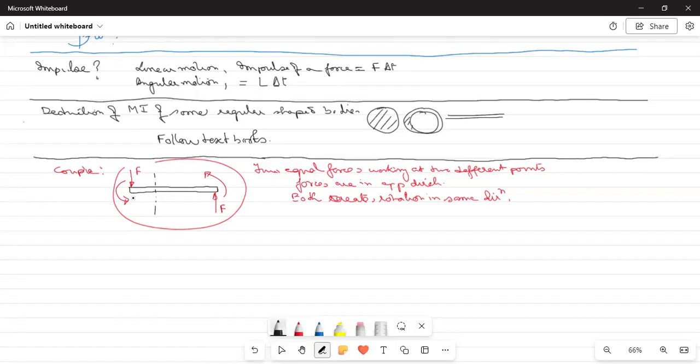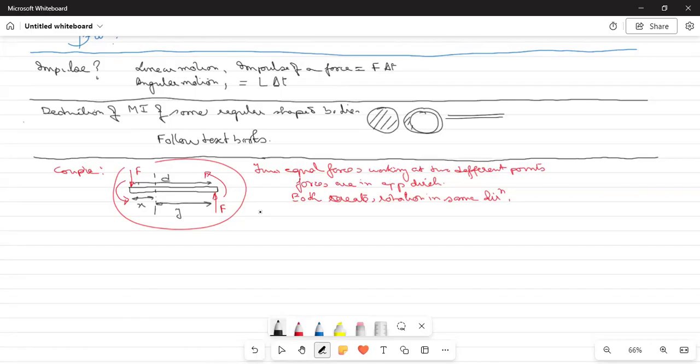Say this distance is x, and say this distance is y, and say the total length is d. The length of the rod, or you can say the total perpendicular distance between the two forces.